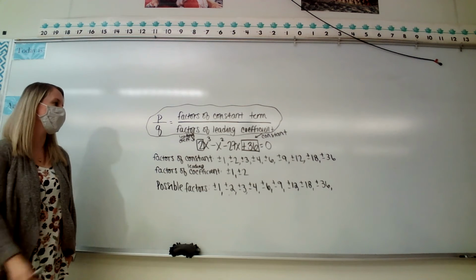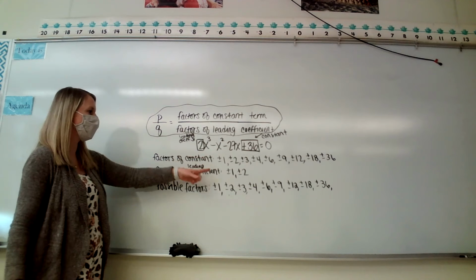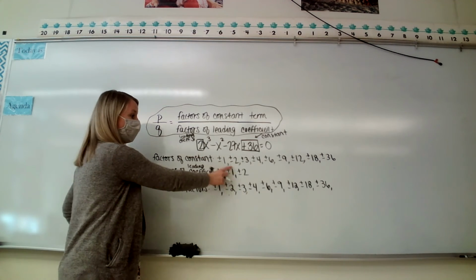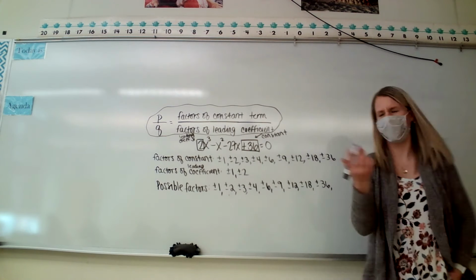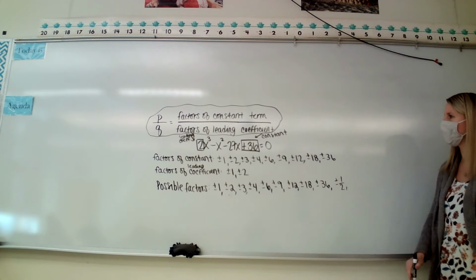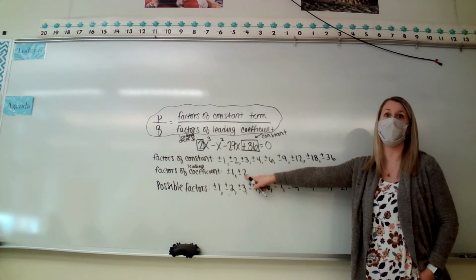Because what we can do is take all of these constant factors and divide them by 2. So let's go through. You could get 1 over 2. And then as I go, 2 over 2 is just 1. I don't need to write it again.